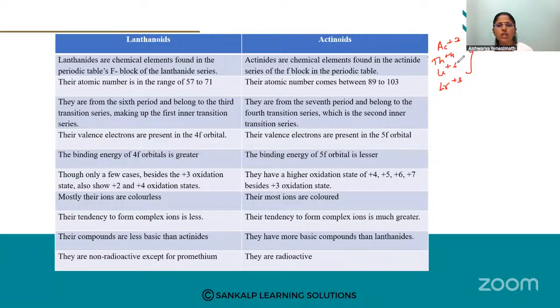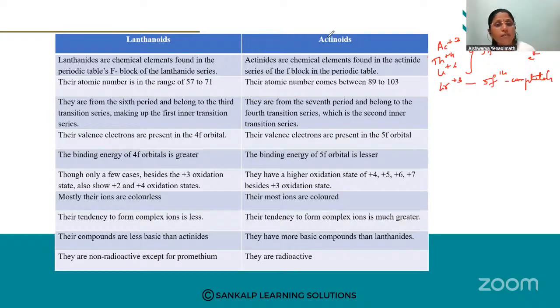The configuration of these three is 5f0, and here the configuration is 5f14, so either there are no unpaired electrons or it is completely filled. Because of this, these particular ions are diamagnetic. Otherwise, the ions of actinides are paramagnetic.